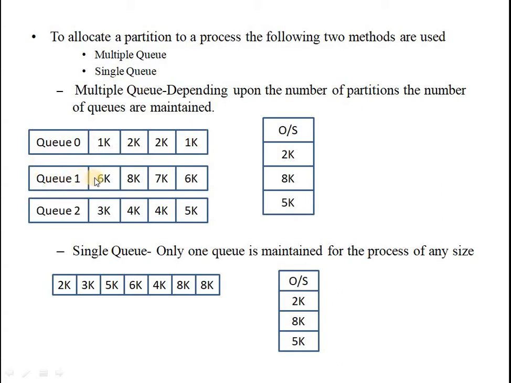Q1 will maintain the size of processes from 6 to 8. How to decide the size of memory? Take the queue's smallest and greatest value, and between those, we take the size of that memory. So Q1 will have the size of 6k to 8k, and Q2 will maintain the size of processes 3k to 5k.